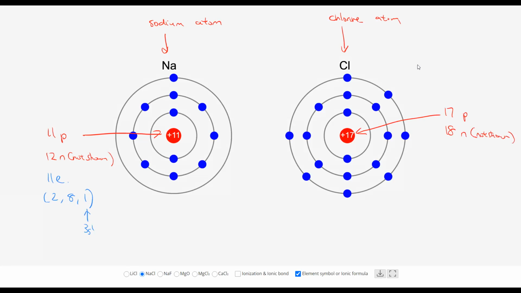It won't make a difference. You'll see why in a moment. And it has 17 electrons, arranged in 2, 8, 7: 2 in the first shell, 8 in the second shell, 7 in the third. If you like, this is your 1s2, 2s2, 2p6, 3s2, 3p5.